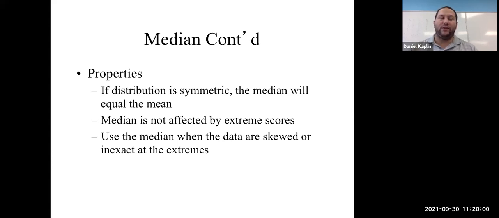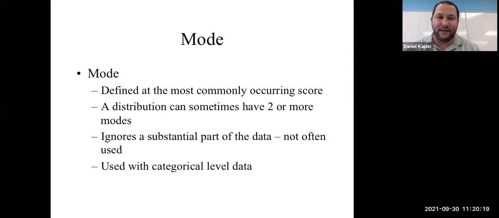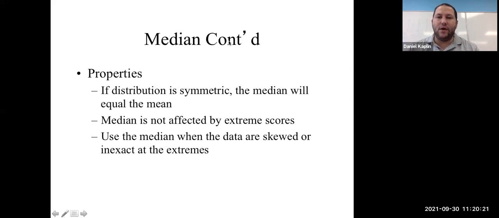So when we talk about billionaires, they're bringing the average income up versus the median, where we just put you in a rank order. So the point I'm trying to make is the median is uninfluenced by extreme scores, whereas the mean is sensitive to extreme scores.